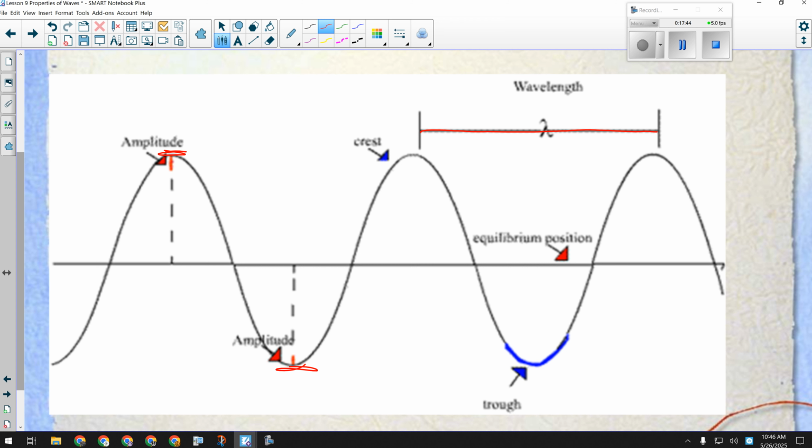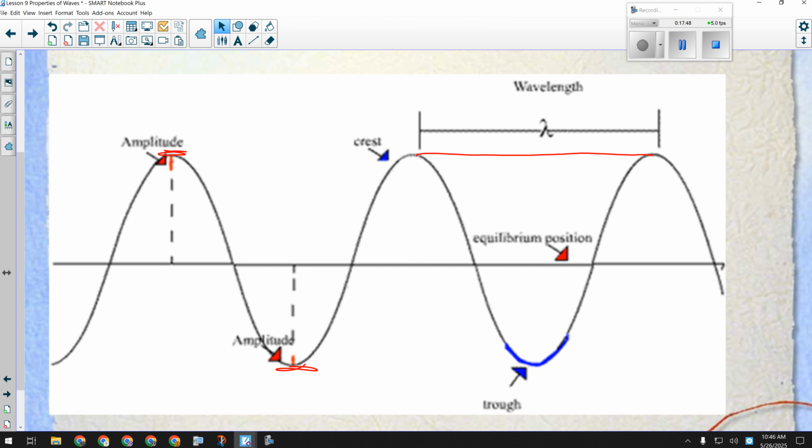In this initial situation, it's the distance from one crest to the next crest. But it's also, oddly enough, the distance from one trough to the next trough, or any two points on the wave that are consecutive.